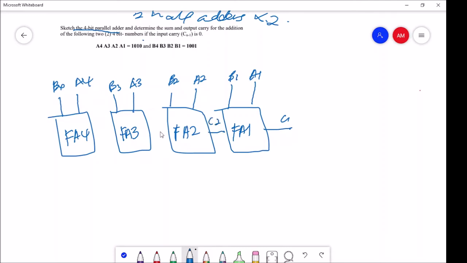C1, C2, C3, C4. And let's see C out. Sum 1, sum 2, sum 3, sum 4.